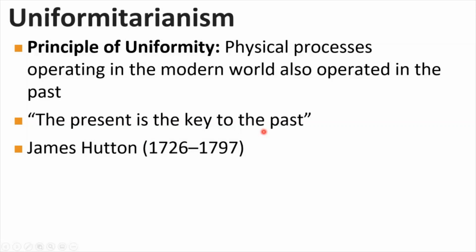So what we observe today happened in the same manner and at the same rate in the geologic past. One of the proponents of the principle of uniformity was a man named James Hutton, who lived from 1726 to 1797, and he is considered the father of modern geology. This is basically where you use modern analogs to make interpretations about the geologic past.